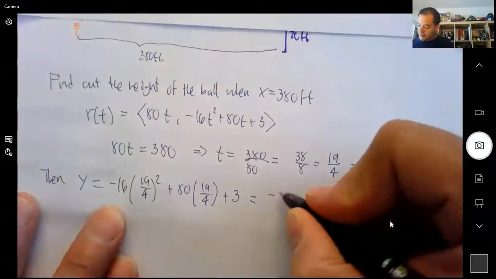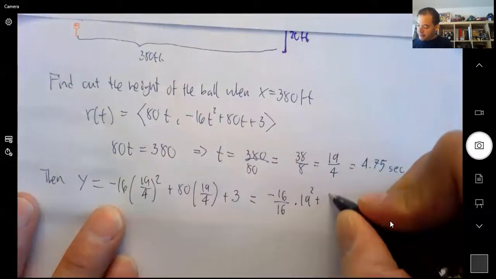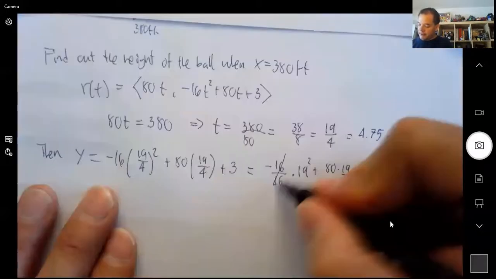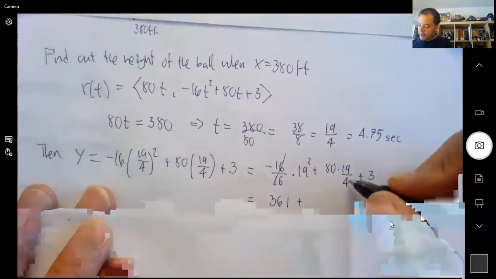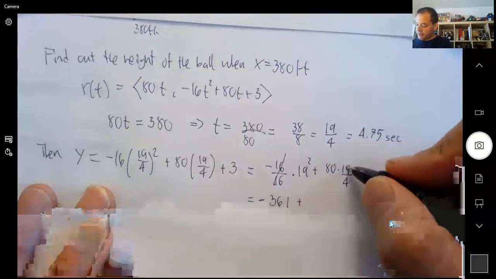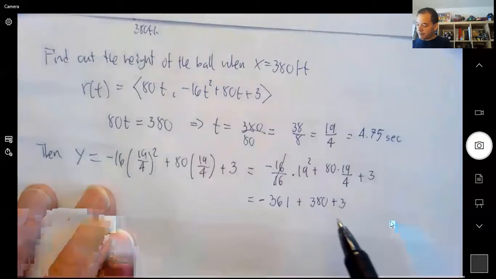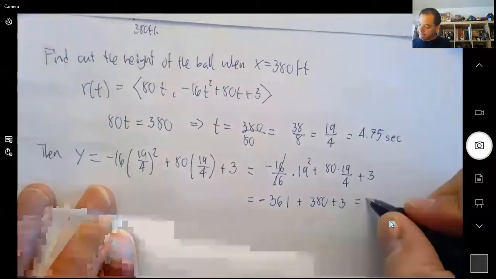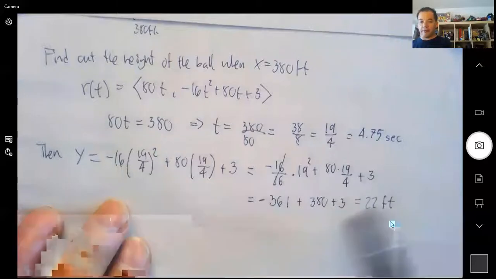It's negative 16 over 16 times 19 squared plus 80 times 19 over 4 plus 3. The 16s go away. 19 times 19 is 361. 80 divided by 4 is 20. 20 times 19 is 380, and then plus 3. So this minus that is 19 plus 3, 22. 22 feet is how high the ball is when it has traveled 380 feet.